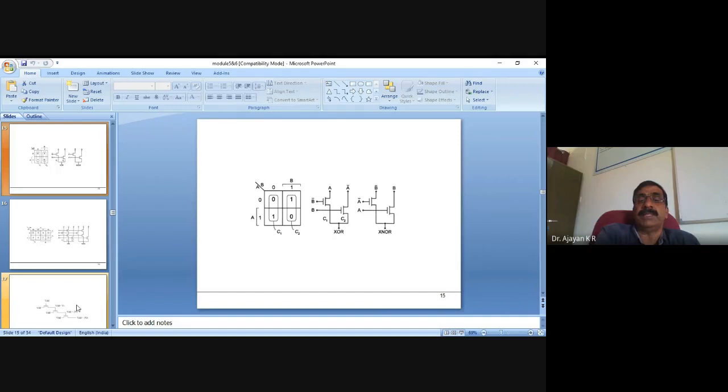B is equal to 1 means A bar is transferred. So for B equal to 0, the gate has to be driven by B bar. At that time A is transferred. When B is equal to 1, B itself drives it, and at that time the required output is A bar. So it is connected like that.